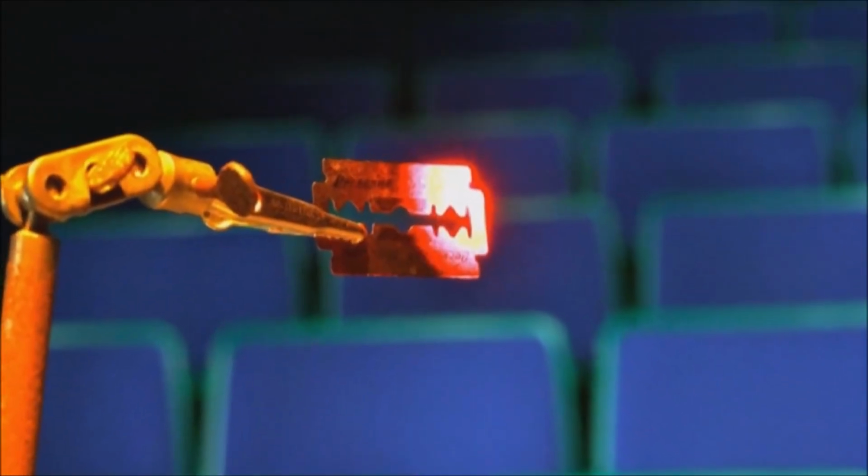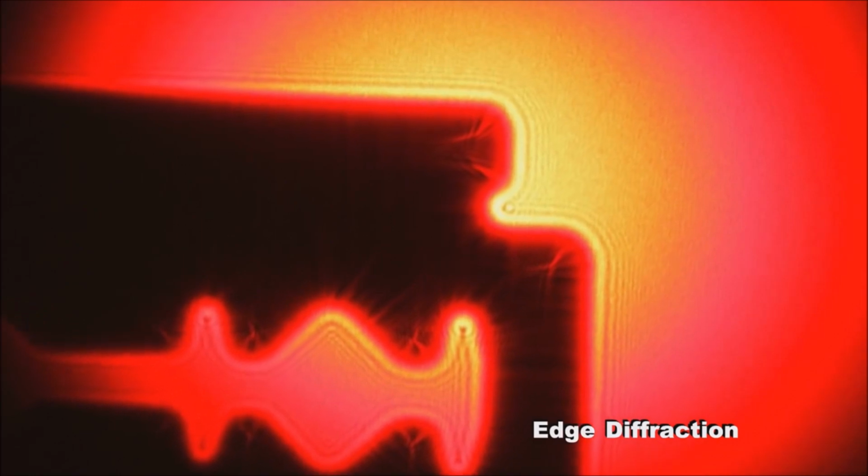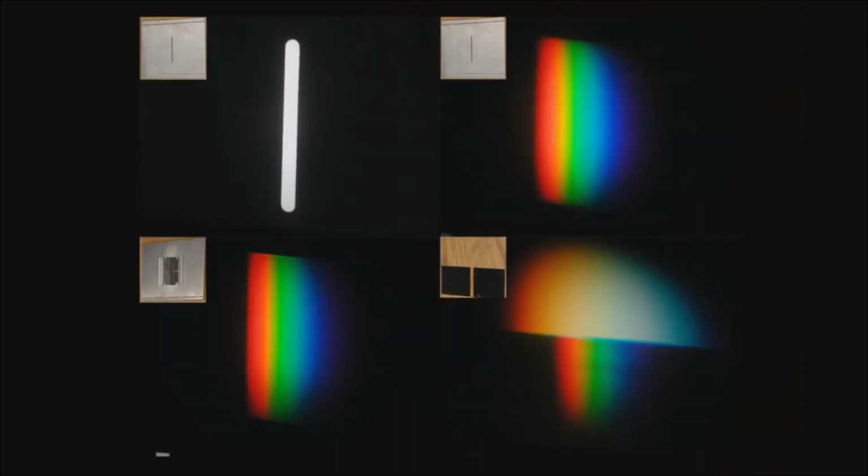Then with single-edge diffraction, we see the very intriguing patterns around the edge of the razor blade. This is another very important clue. We also have important clues revealed in the continuous spectrum of light that is shown in these single-slit experiments.